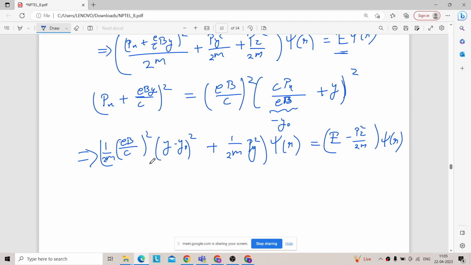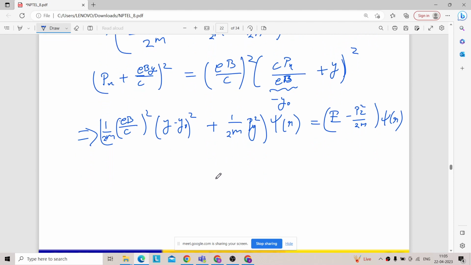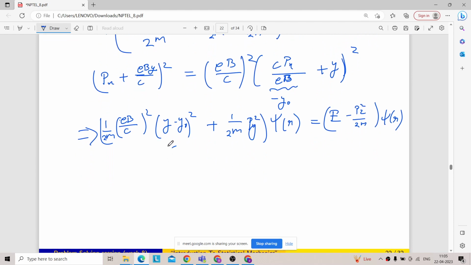Now you see I have the form. Now if I take this as x square and I just multiply m square here, then this is half m, this term (eB over cm) whole square. So I can take this as omega square.